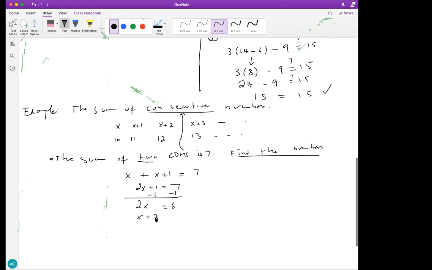If the first number is 3, what's the next number? One of the numbers is x, the other one is x plus 1. That's right. So x plus 1, with x being 3, is 3 plus 1, which is 4. So those are the consecutive numbers: 3 and 4.